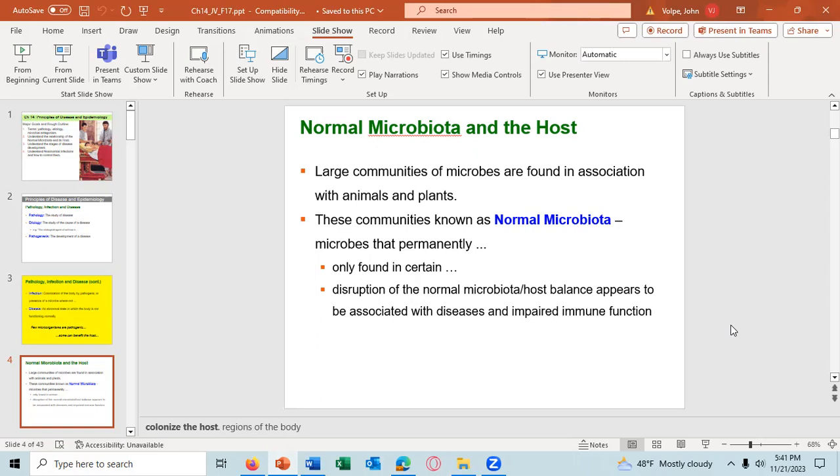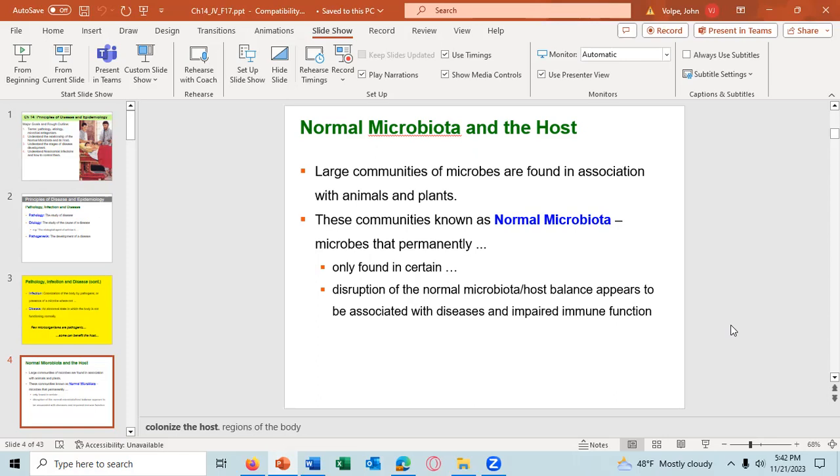The normal microbiota is only found in certain locations in the body, usually on the surfaces like the skin or on the surface of a mucous membrane. That would be like on the surface of the eye and the surface of the mouth. But they also live inside the body where the body cavities are, like the gastrointestinal tract, and the lower urethra also has normal microbiota.